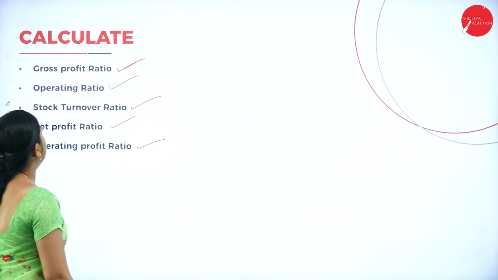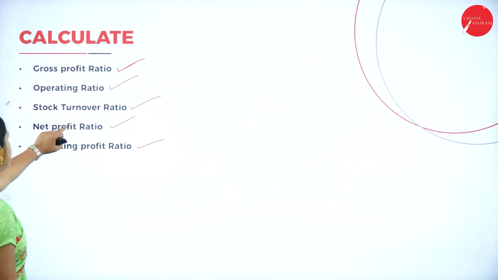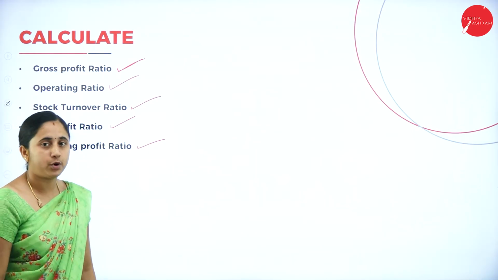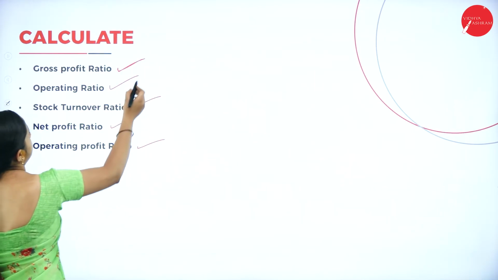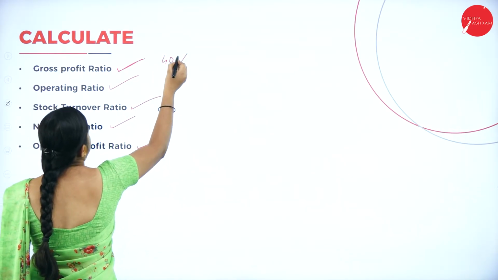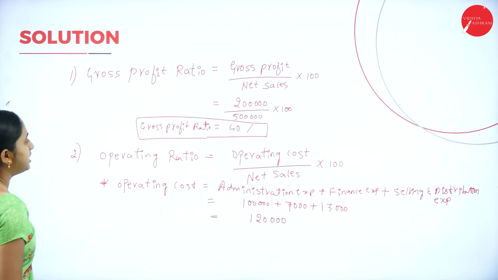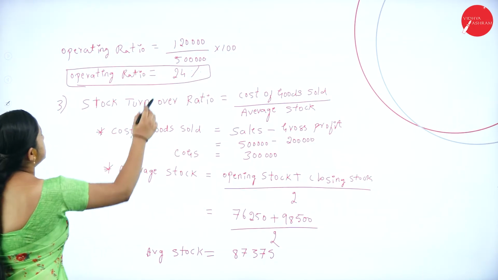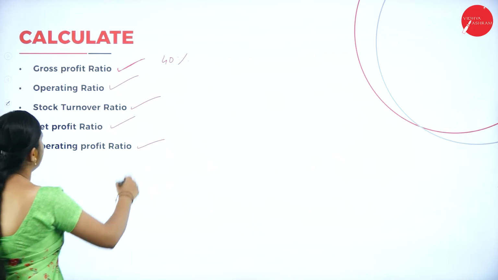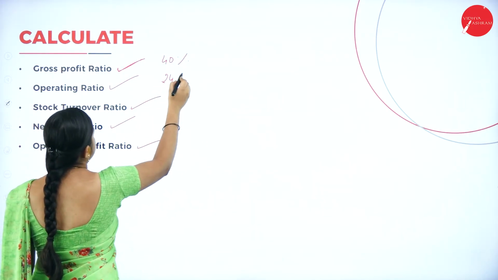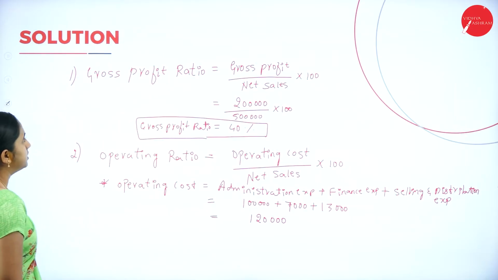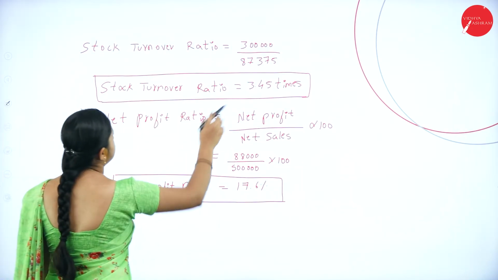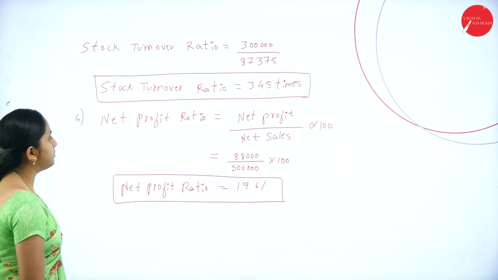So now we have calculated all the ratios. Gross profit ratio is 40%. Next, operating ratio or operating cost ratio is 24%. Then stock turnover ratio is 3.45 times.